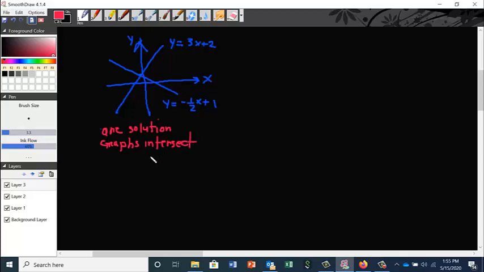The graphs intersect. So therefore, the system is what? Consistent. And since it has at least one solution, the equations are independent.